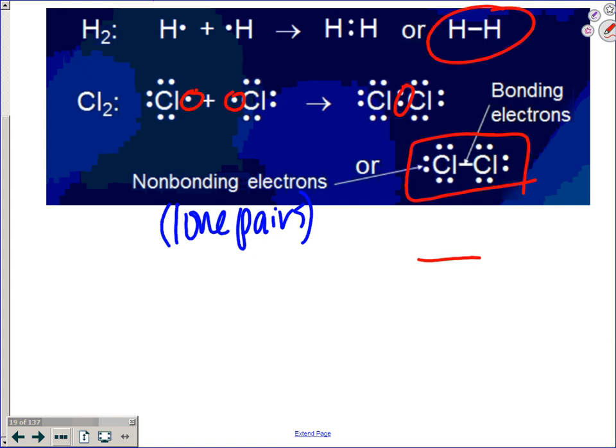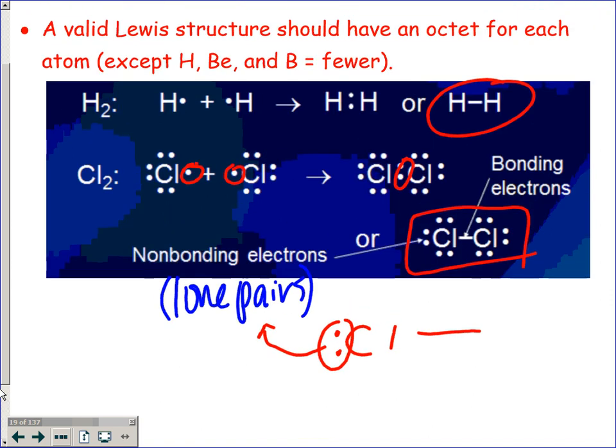And then if you have electrons on the outside, like those right there, those are called lone pairs because they're alone by themselves. Or you can call them non-bonding pairs because they're not bonding. Are we okay on the terminology? Yes. All right, let me scroll back up and make sure I don't skip something important.